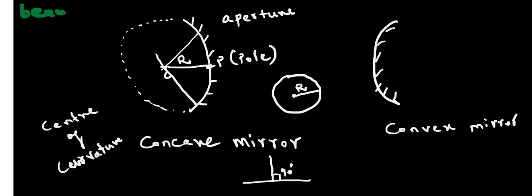How? Suppose this is the point of incidence. Let us assume this is going to be the point of incidence. This is part of the sphere, right? If I draw a tangent to the sphere like this, usually a tangent is a line that is going to touch the circle at one point, right?